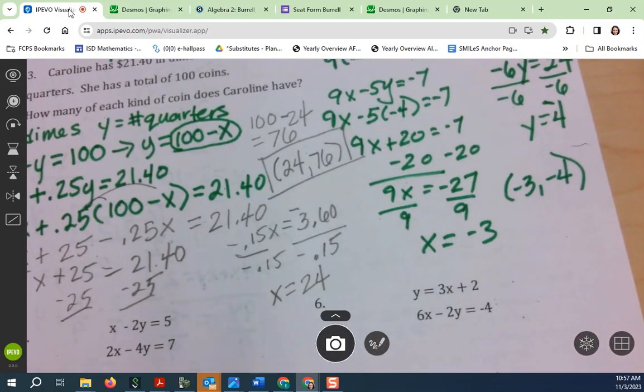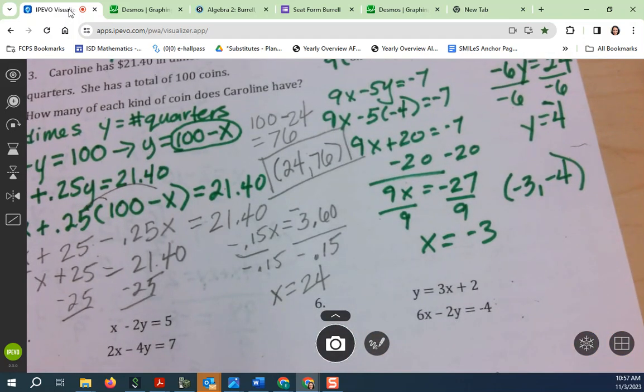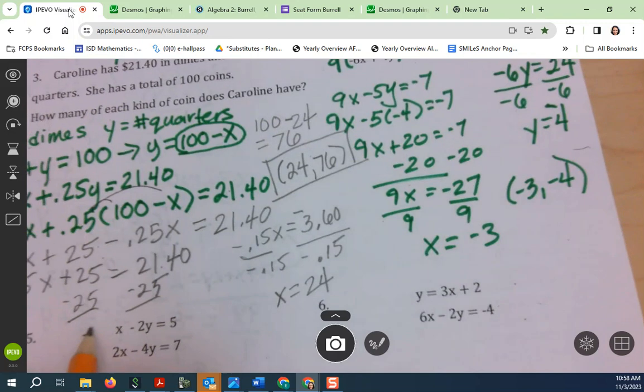Okay. All right. Next problem is definitely set up for elimination. You can see how the x's are lined up, the y's are lined up. In this one, I'm going to multiply the first equation by -2 so that I can get the opposite of +2. And I can just add the two equations together.